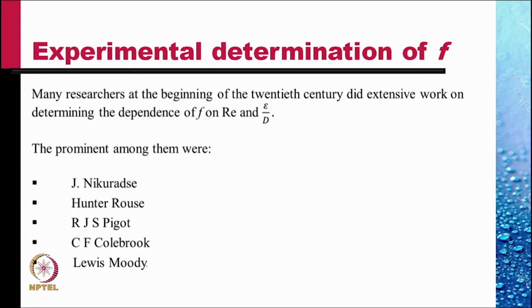Rouse and Pigott worked on developing a representation chart of the data. Colebrook experimentally developed a correlation of the friction factor with the Reynolds number and epsilon by D, and Louis Moody is credited with putting the work of all these people together into a chart which is famously known as the Moody chart or Moody diagram.